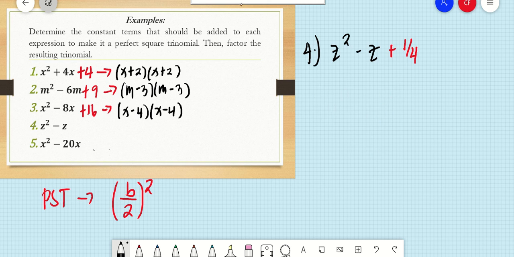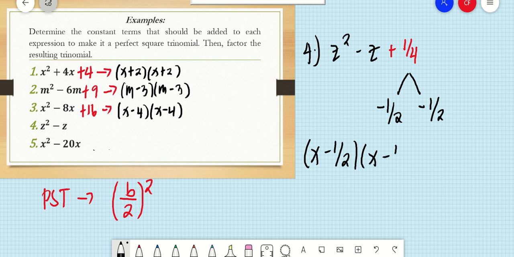Same concept: we get the factors of 1/4 that, when added, the result is negative 1. Obviously, the factor of positive 1/4 is negative 1/2 multiplied by negative 1/2. So our factor there is x minus 1/2 times the quantity of x minus 1/2. So this is our factor.